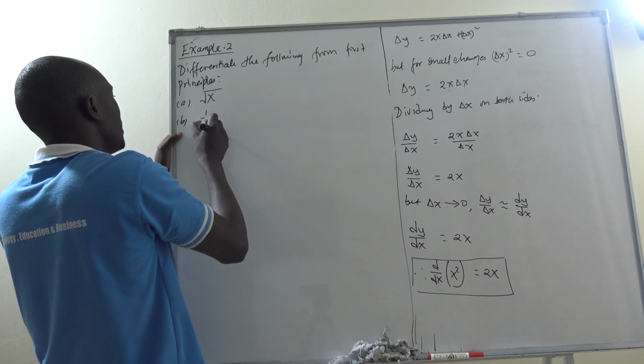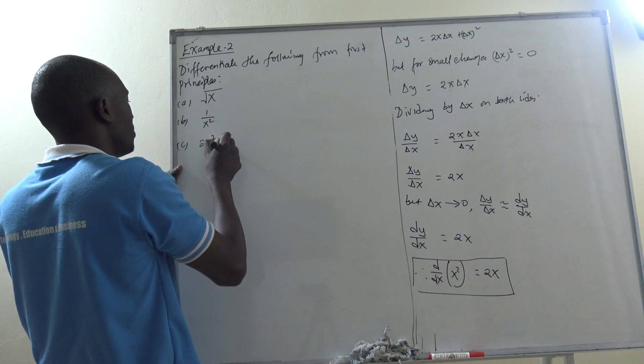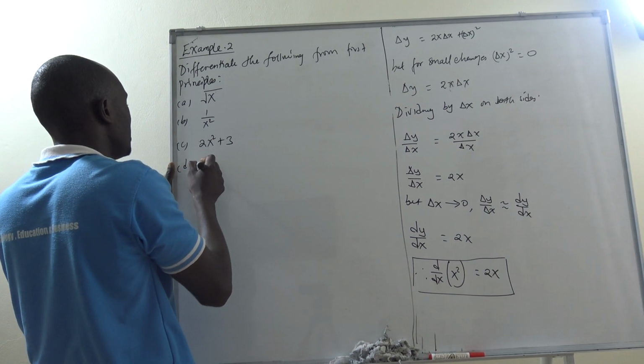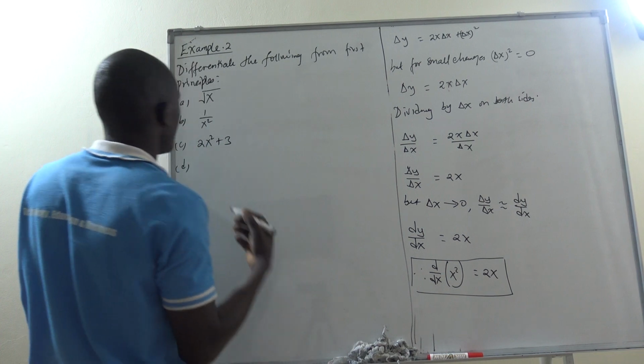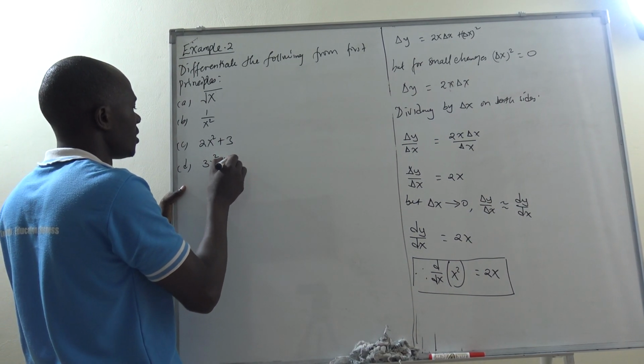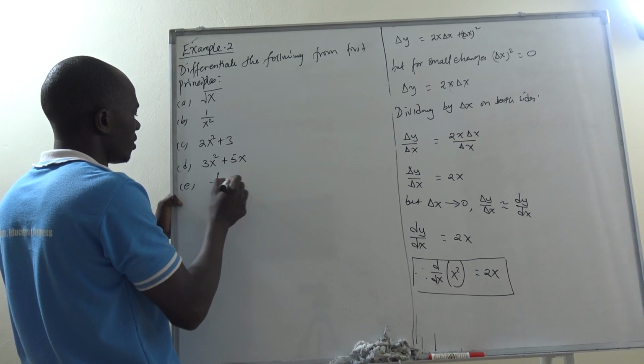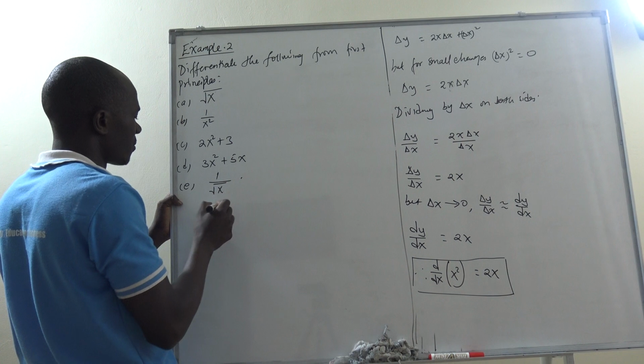Part B, 1 over x squared. Part C, 2x squared plus 3. Part D, 3x squared plus 5x. Part E, 1 over root x.